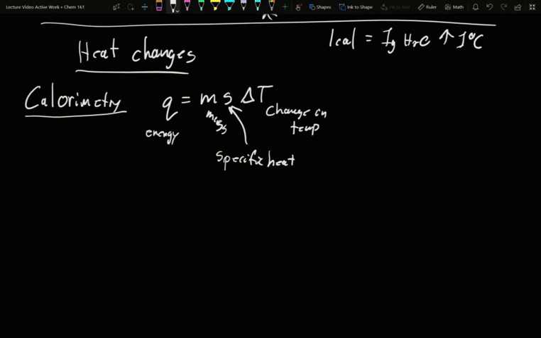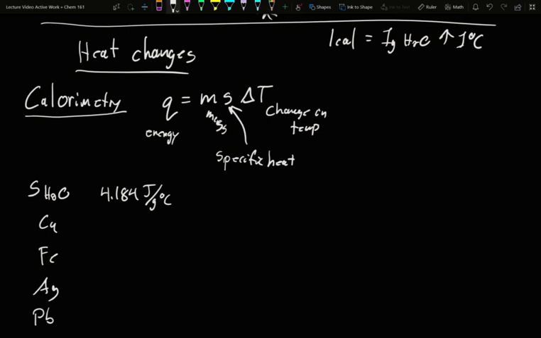As a series of examples here, if we want to look at s values, water, if we do it in joules, 4.184 joules per gram degrees Celsius. If we want to look at a couple other materials, let's look at copper, iron, silver, lead.